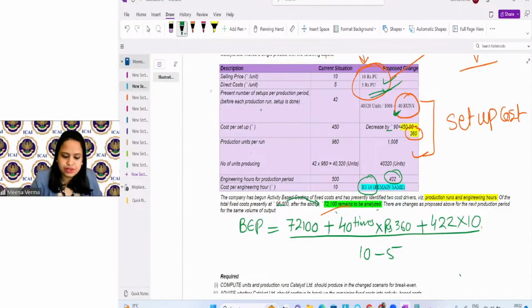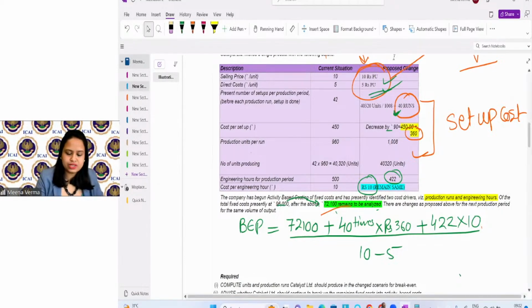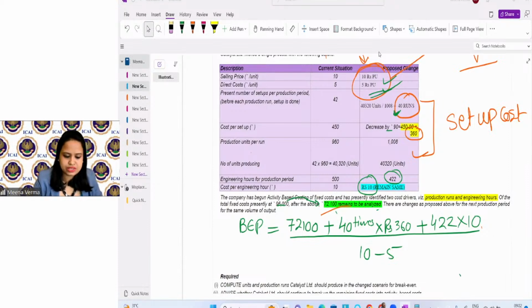Okay. Now please calculate and tell me what it is coming to. What is this value coming? Yes, please tell me.